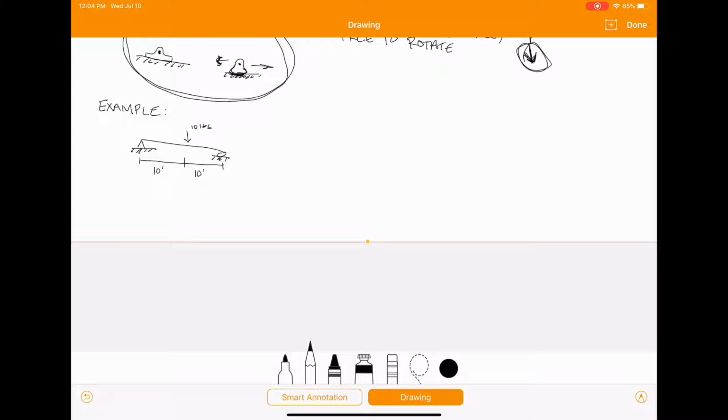This is going to be 10 feet. And we want to find the reactions at both ends of the beam.